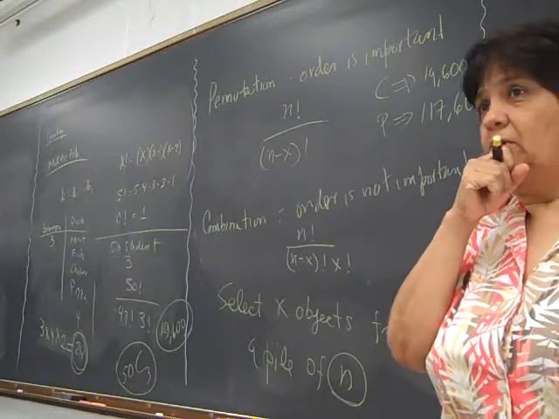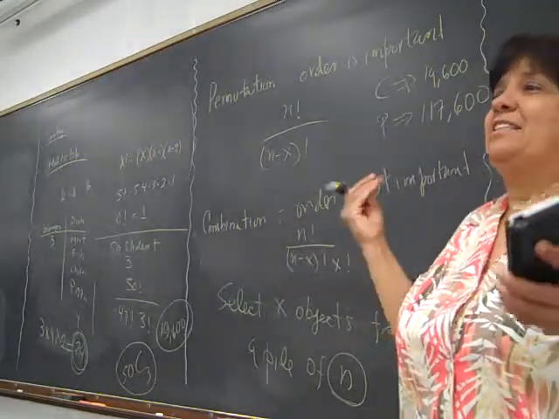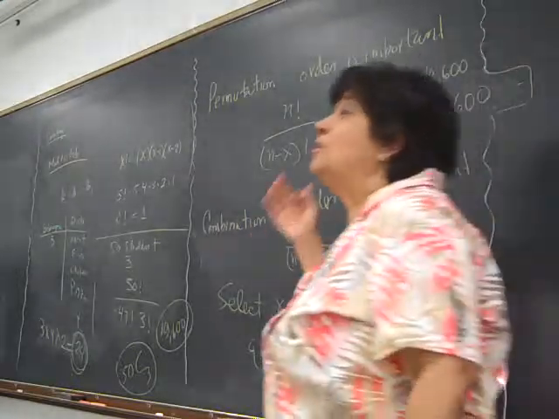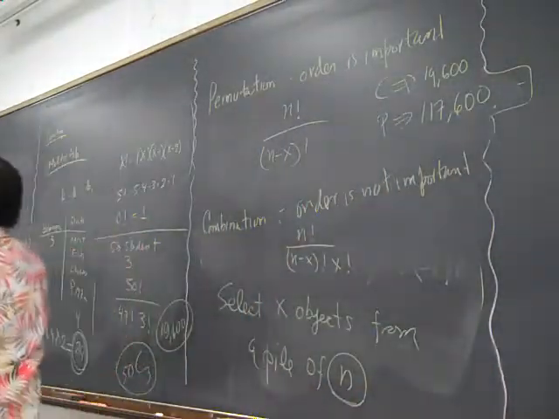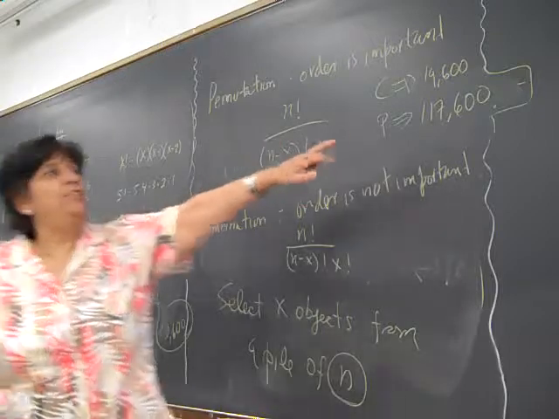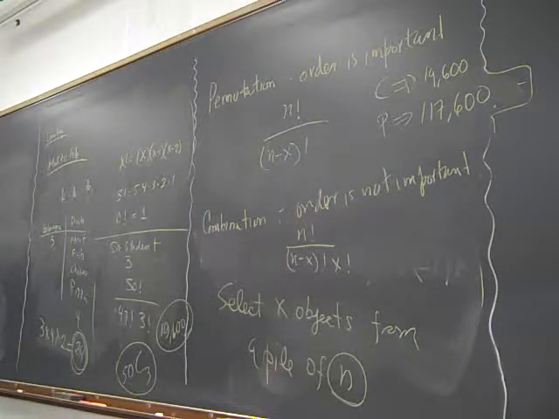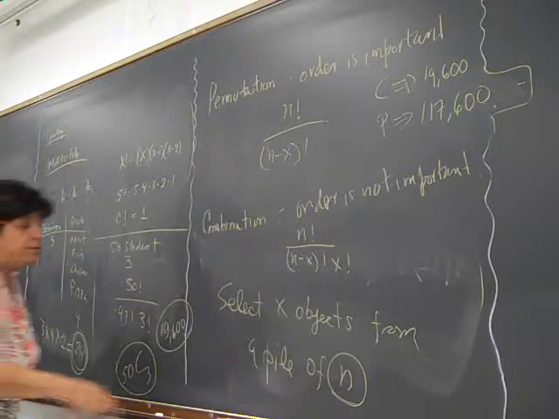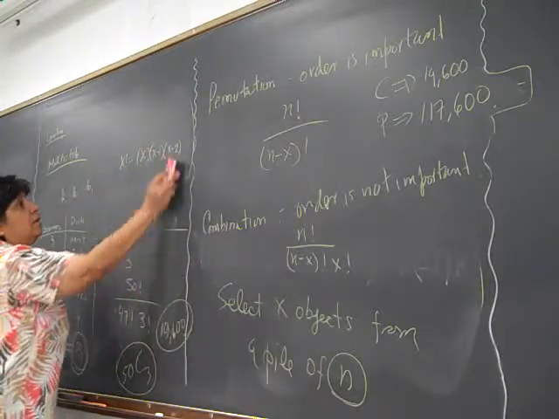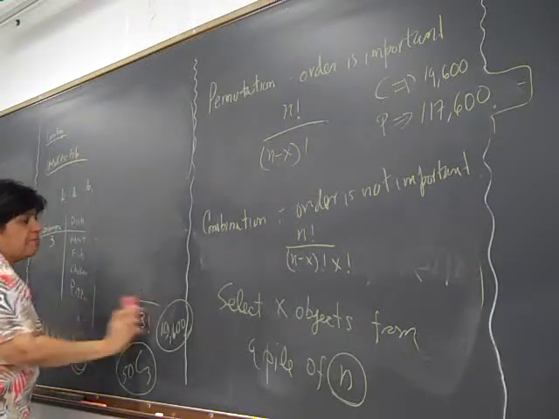Okay? And why do you want to do that? Because again, if you know how many possibilities you have, you would know what the probability is, like winning the Georgia lottery. Can someone tell me the rules of the Georgia lottery?